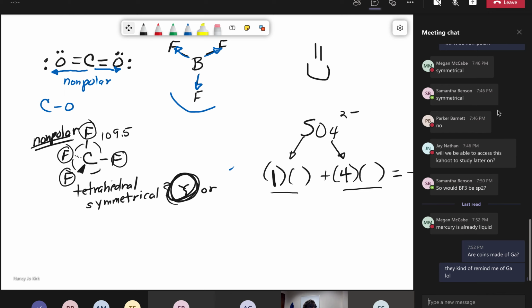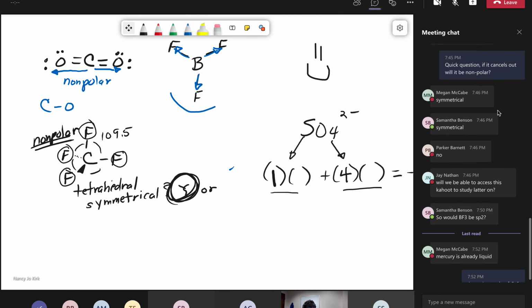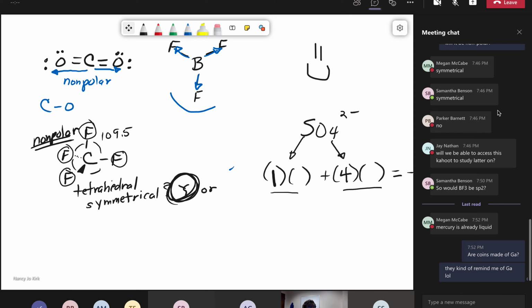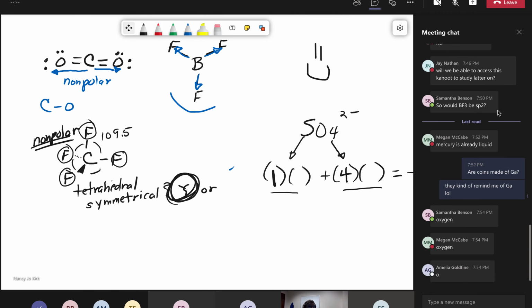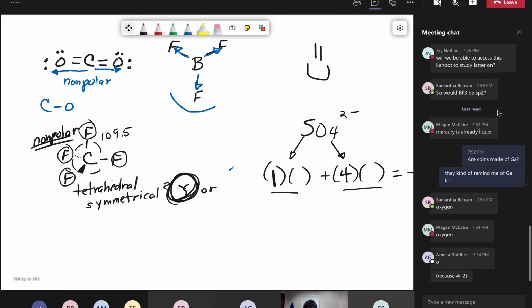Which of these do I confidently know the oxidation number of? Sulfur or oxygen? Yes. And Megan, what is the oxidation number of oxygen? Yes, Samantha. Oh, no, not in a compound.